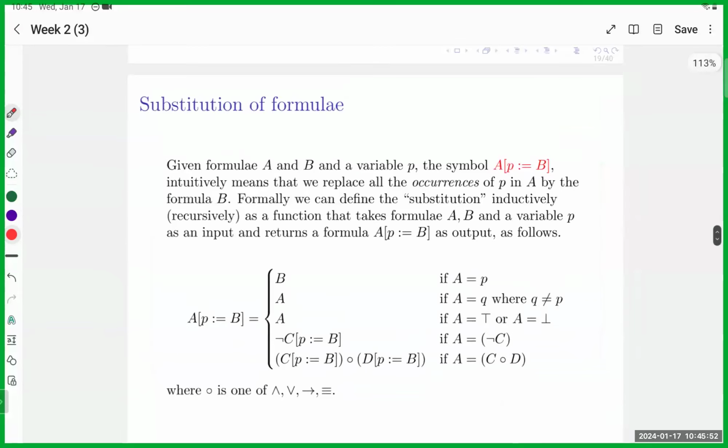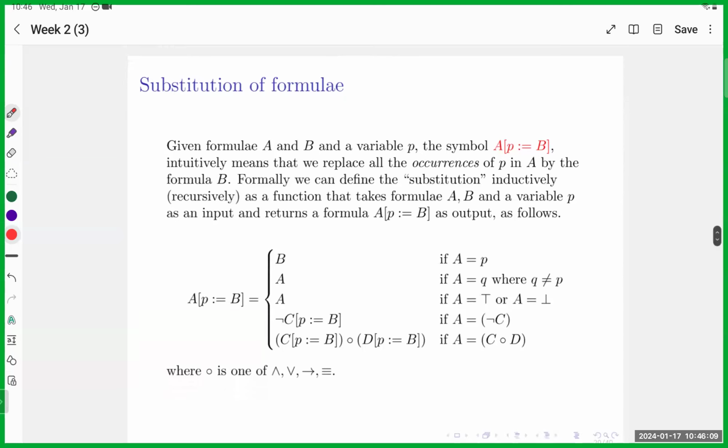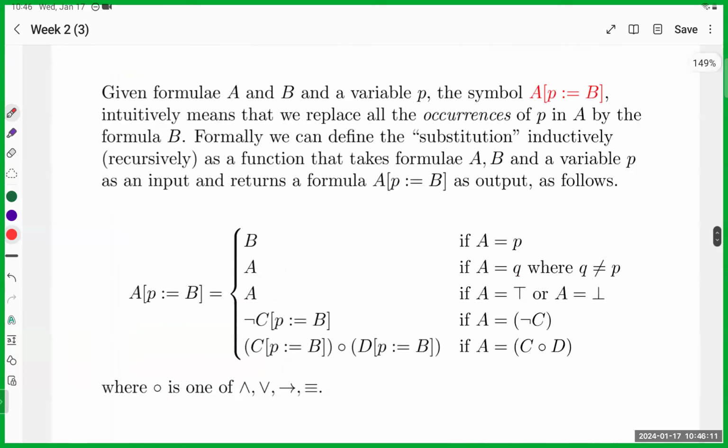So the first thing to introduce is a definition of substitution, which is going to make sense a little bit later in the course when I talk about the rules of inference of our proof system. But for now, let's just define it.